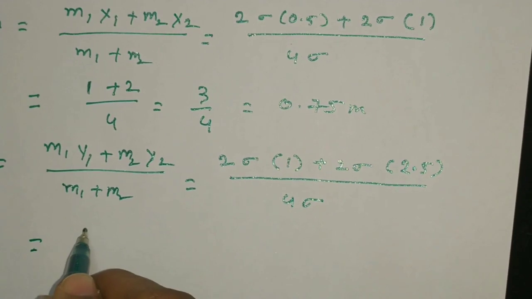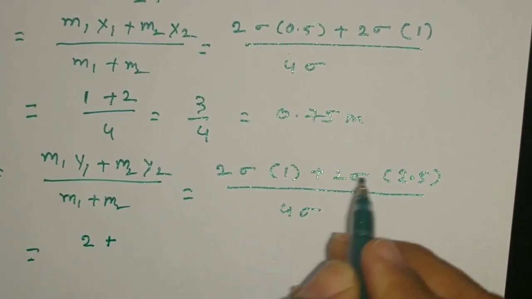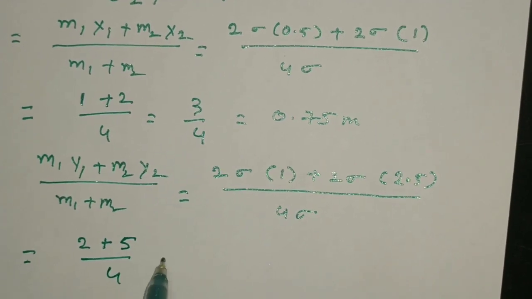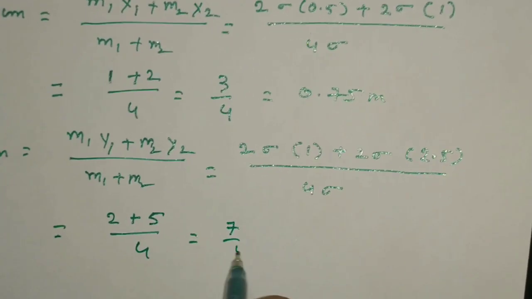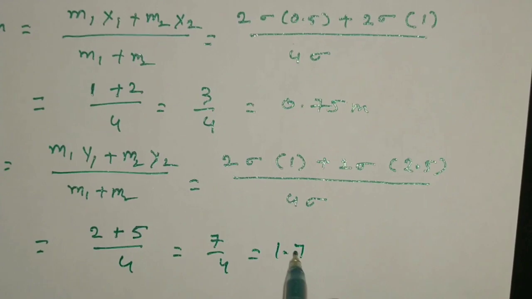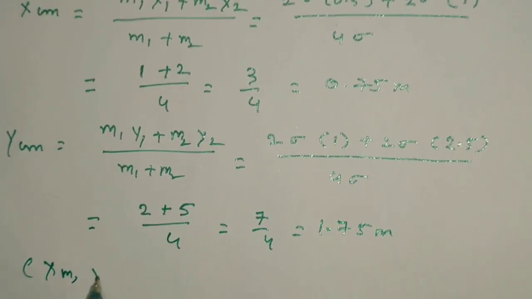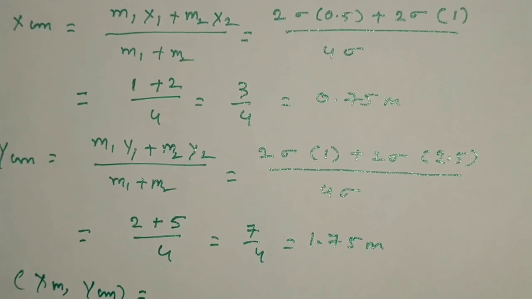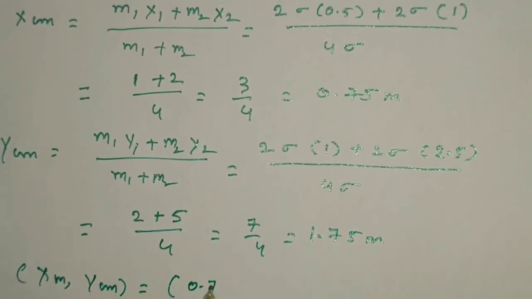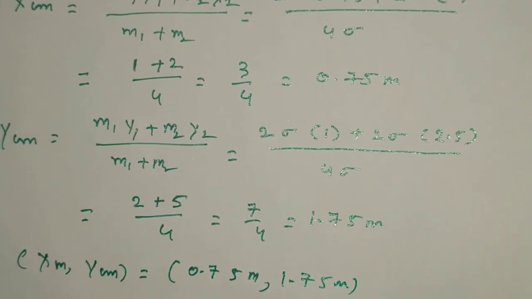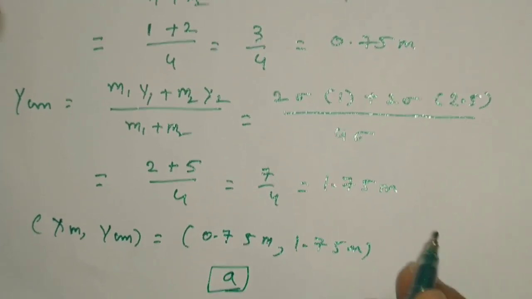Sigma gets cancelled. So, 2 plus 2 into 2.5 means 5, divided by 4, that is equal to 7 by 4, that is 1.75 meter. So, the coordinates of the center of mass of the given lamina are 0.75 meter, 1.75 meter. So, answer A is correct.